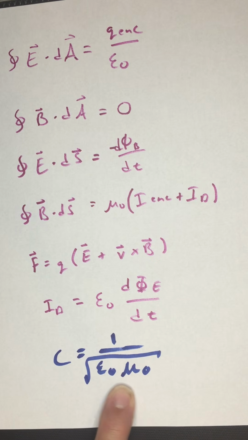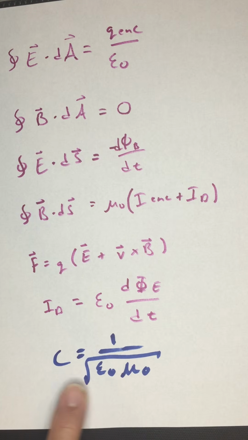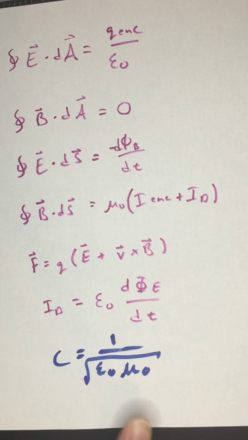Interestingly enough, take this product, invert the square root of it, and you get the speed of light, which we are now going to start calling the speed of an electromagnetic wave. As it turns out, visible light is just one example of the electromagnetic spectrum. There's no explanation for why both of these constants appear together, except for the fact that electricity and magnetism are inextricably connected.